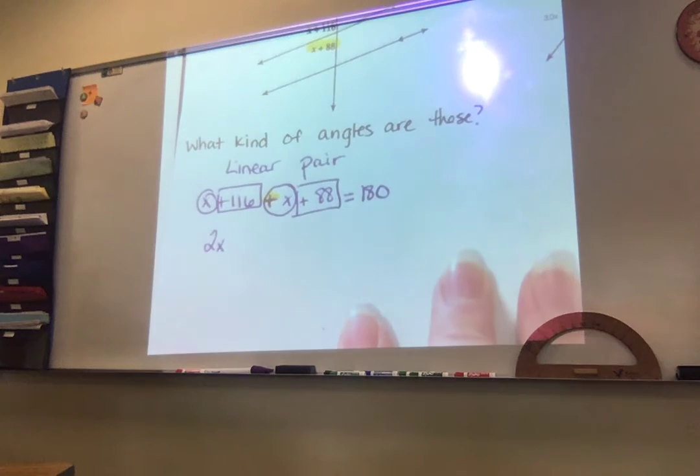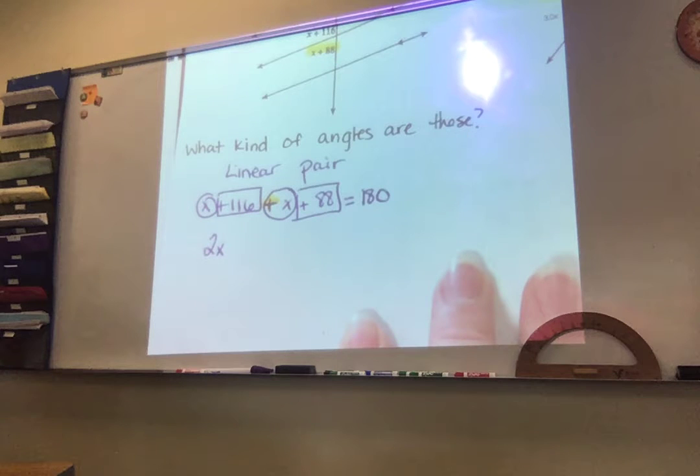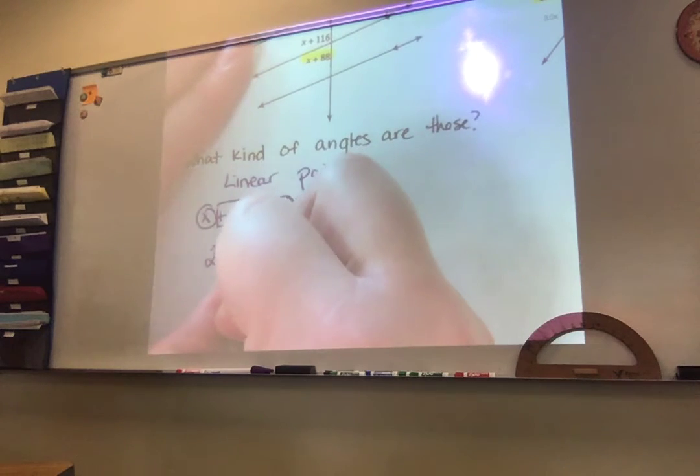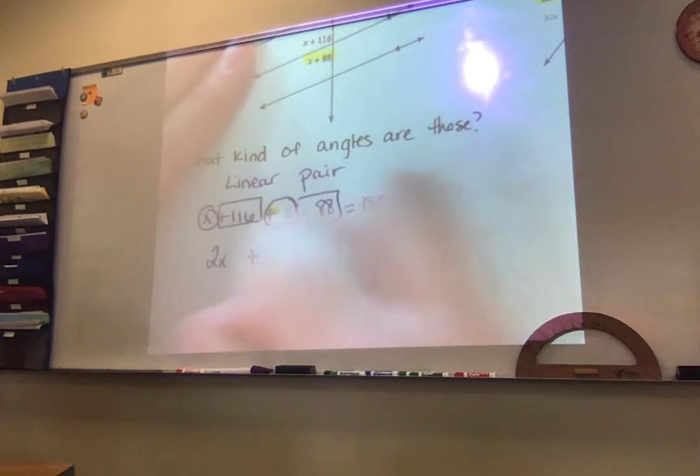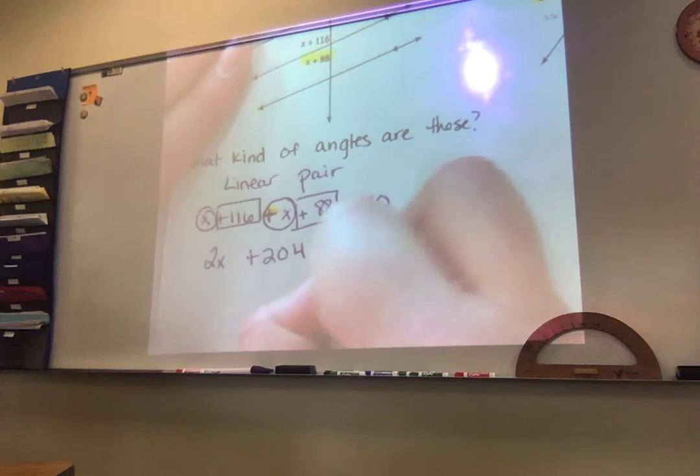Alright, so now, if you have a calculator, what's 116 plus 88? 200. 204. So now I have 2x plus 204 is equal to 180.